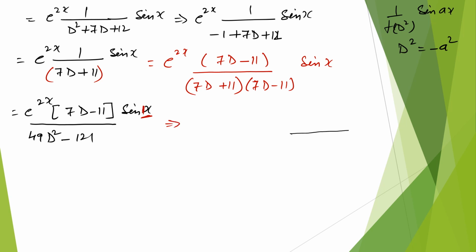We get e to the power 2x into 7d minus 11 sine x over 49 into minus 1 minus 121.